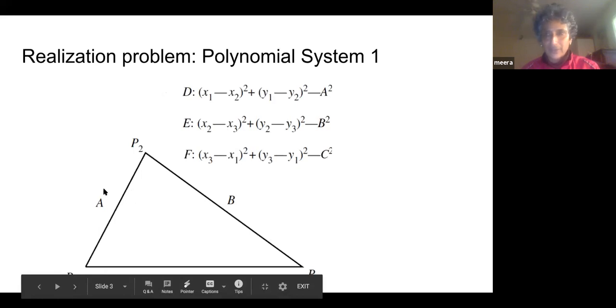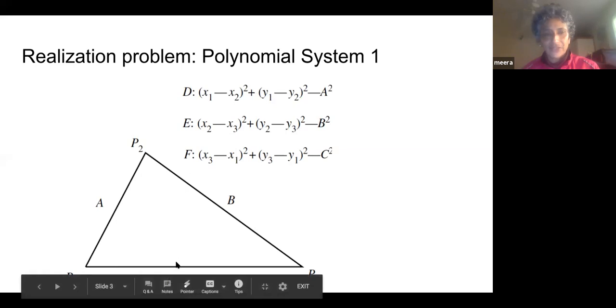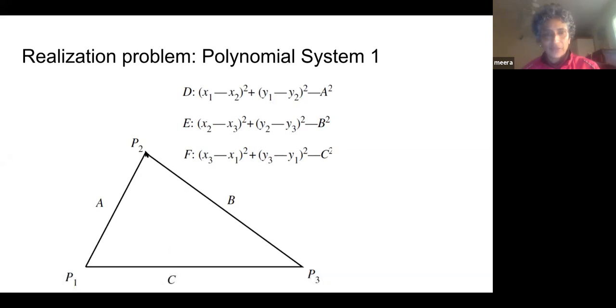So the problem that we're trying to solve is, given a graph, and the polynomial system that we're going to think about. There are other ways of thinking about the polynomial system, but this is what we're going to do. You're given a graph with distances on the edges, and you want to find if there exists a realization, in other words, coordinates for the points.